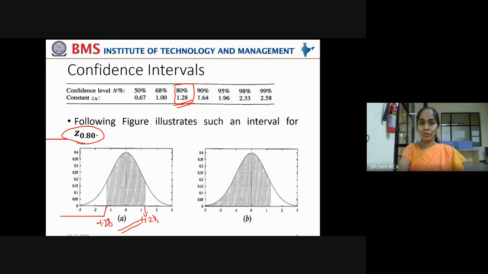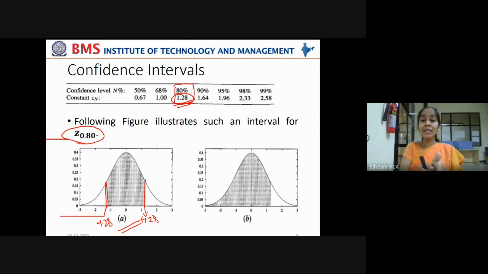Whenever you take the confidence interval as 80%, for example, in that case, did you notice the Z value to calculate the interval within which the true error has to fall? It is plus or minus 1.28. So on this side, it is taken minus 1.28, and on this side, plus 1.28.